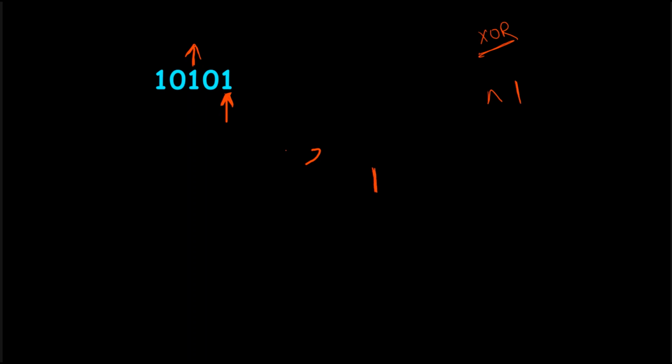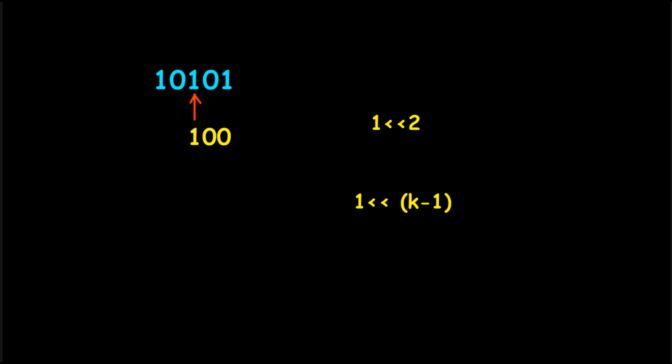I need to shift this 1 by 2 positions so that it can shift to k is equal to 3. So here I can write 1 should be shifted by k minus 1 positions, as I have k equal to 3, and for shifting from the first position to the third, I need to make a shift of 2.